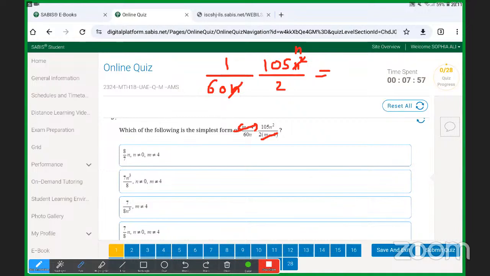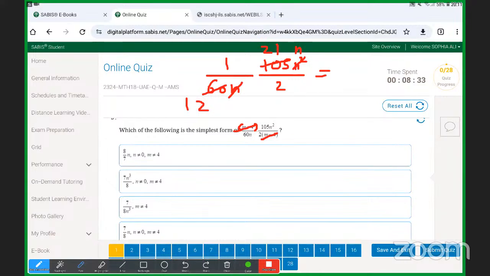So 60 divided by 5 will be 12. 105 divided by 5 will be, do it on your own. 21. Great. Do you think there is still a common factor between 21 and 12? 3.